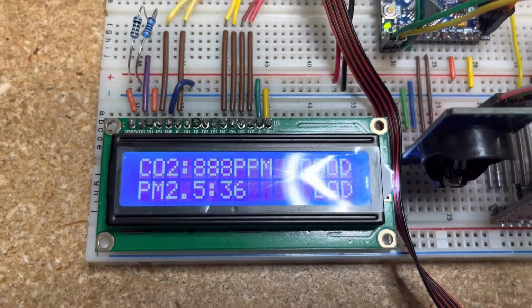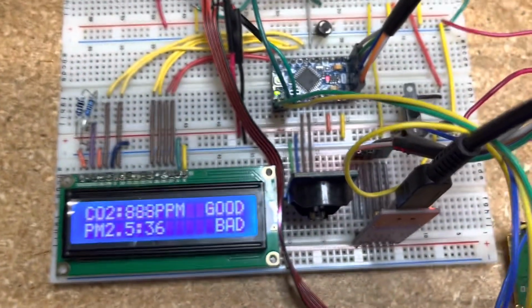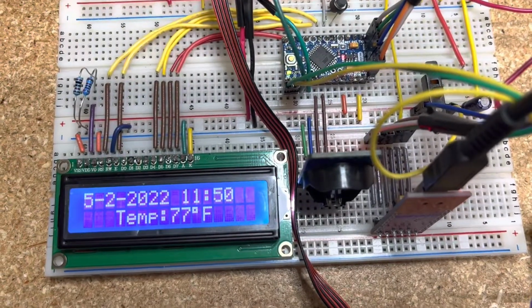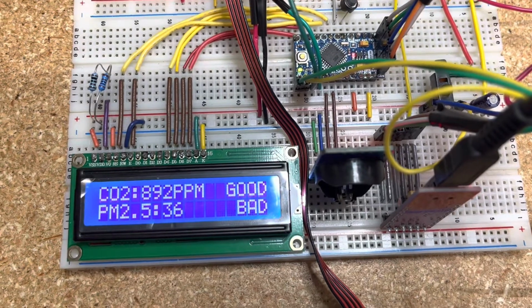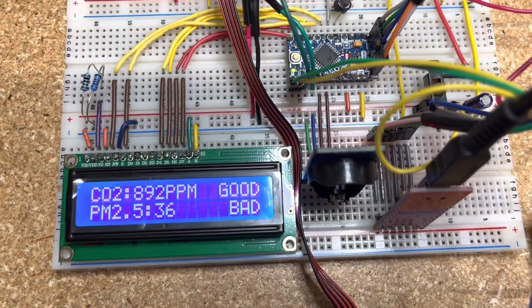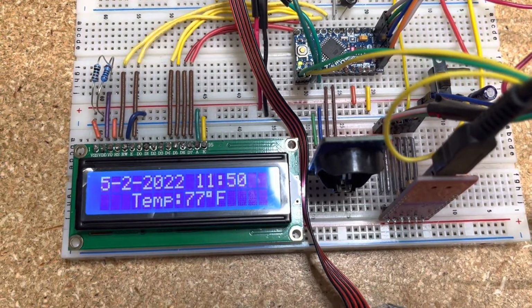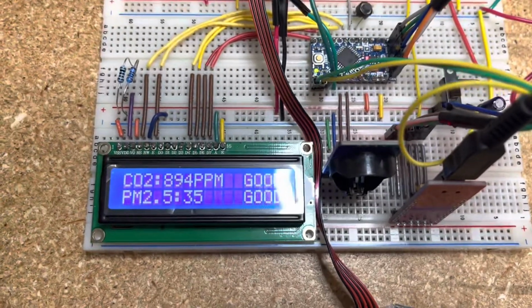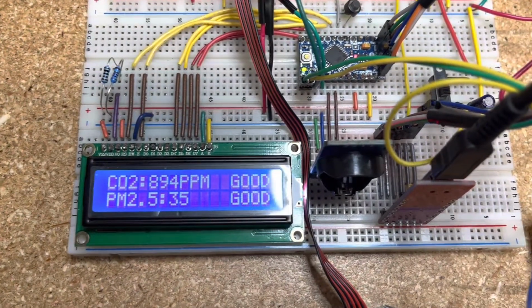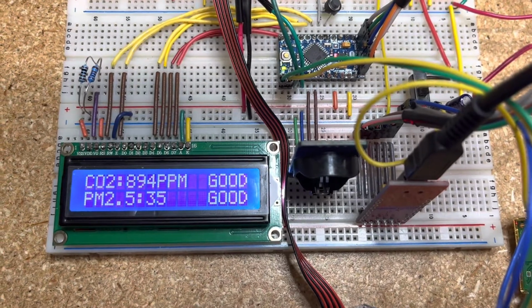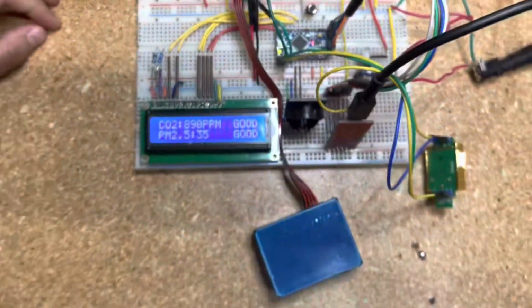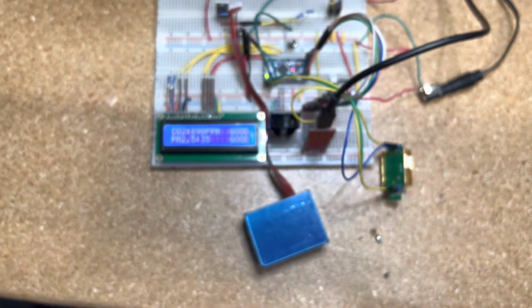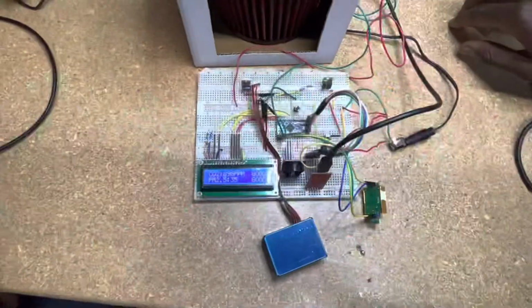See 36, the next time it will turn off the fan. It turned off.